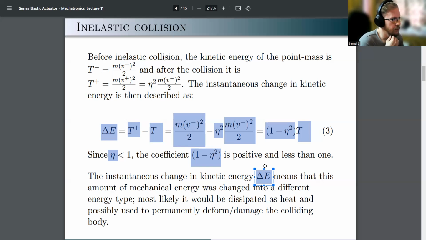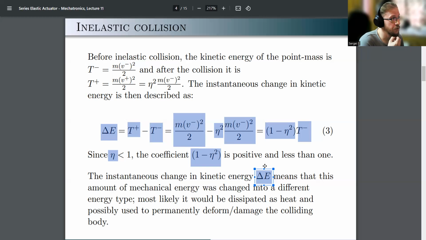Fair enough. If we are talking about a collision of two metal balls, you would also have some heat produced between them. You can maybe find some experiments on YouTube if you search for it. You would see that when they collide, they produce a little bit of heat, right?